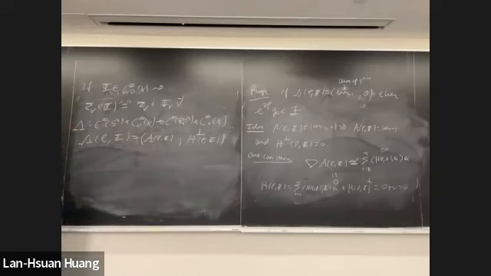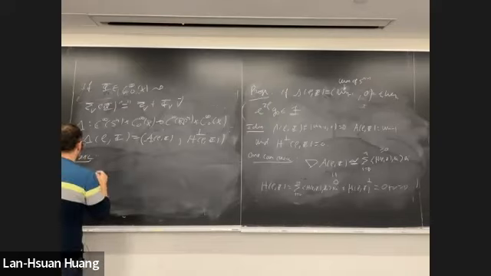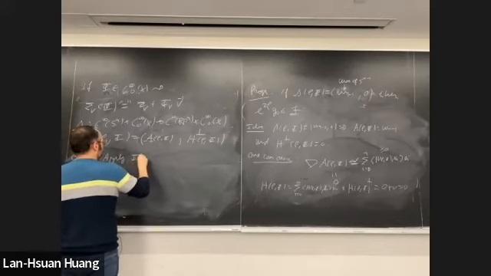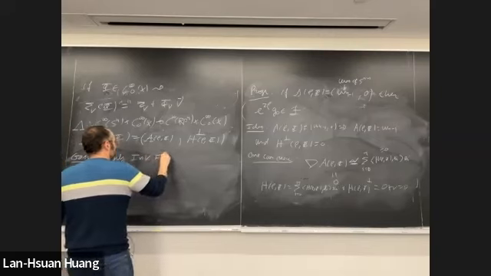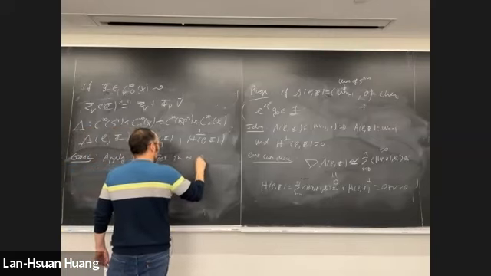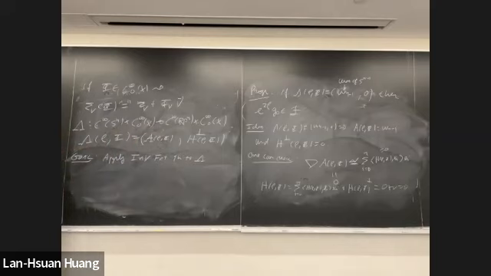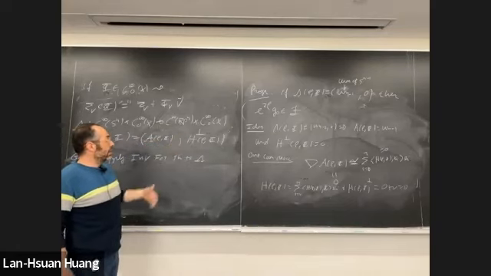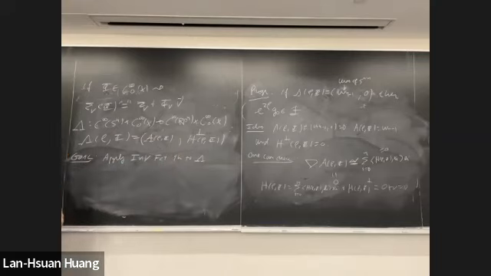So now the goal would be to apply the inverse function theorem to the map lambda. Now, one problem that arises is that you can't quite apply the standard Banach implicit function theorem because the spaces don't work so well.